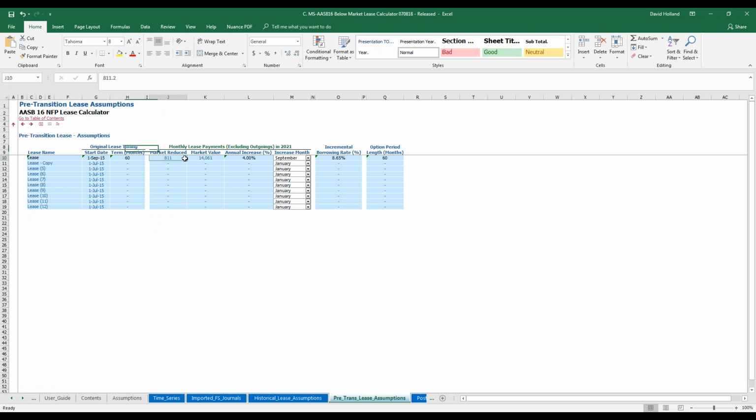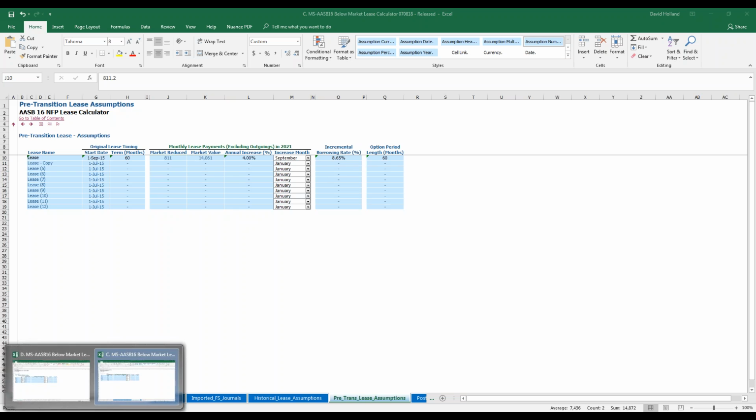With one slight variation, these two cells you need to update to commence at the start of the financial year 2021. So we're using this calculator for June 2021, which means these payments need to be the first payment in that financial year. So what was the first monthly payment for July 2020?